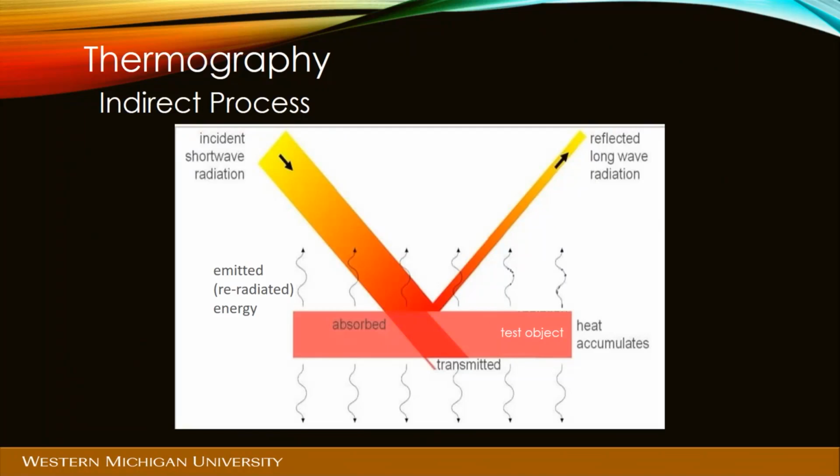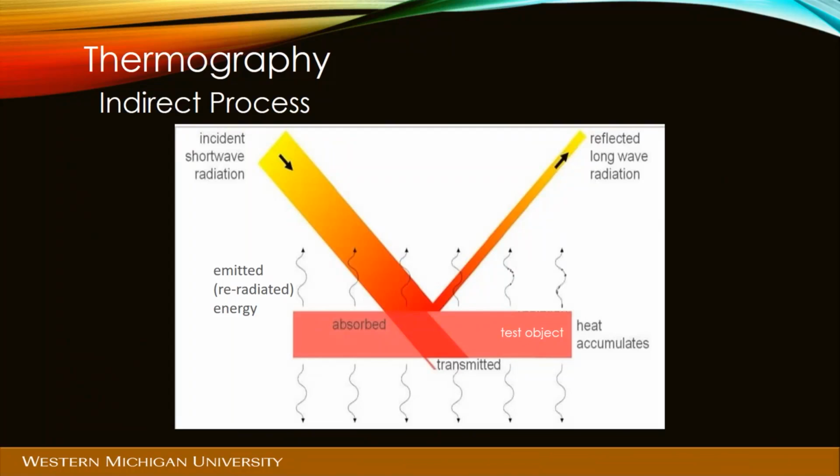But the thermal camera will also pick up reflected radiation. So one of the things we have to do is calibrate our equipment and let it know how much of that energy it will see. Our camera sees the radiated energy and the reflected energy, and it just sees it as energy.